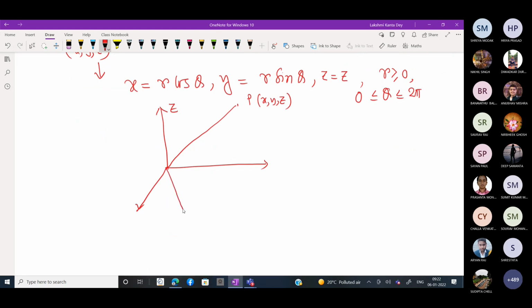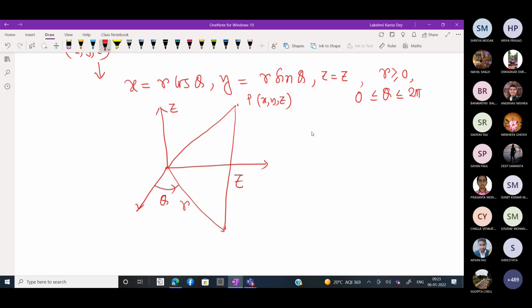This will be basically your r, and this thing is theta, and this thing is your z, right?